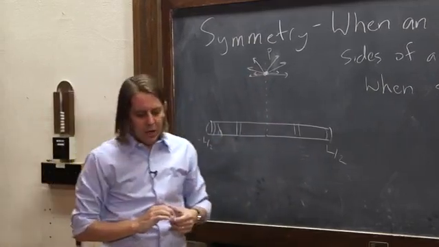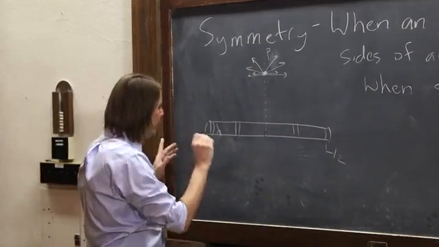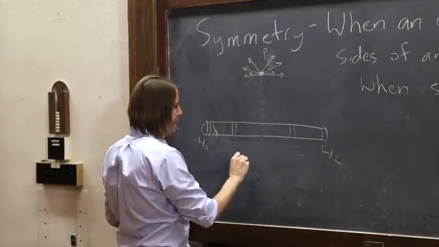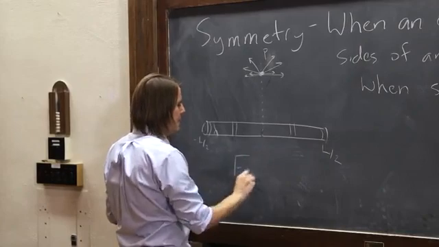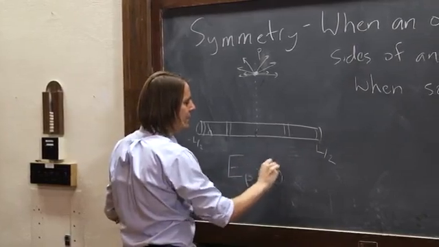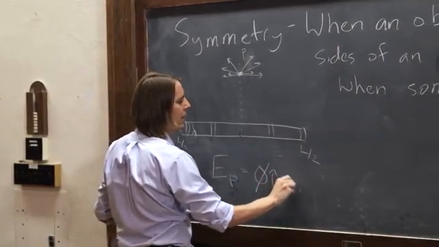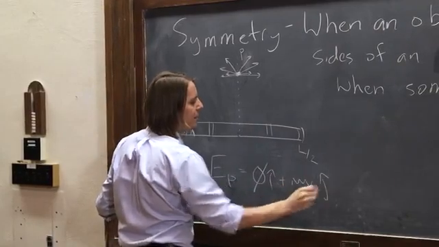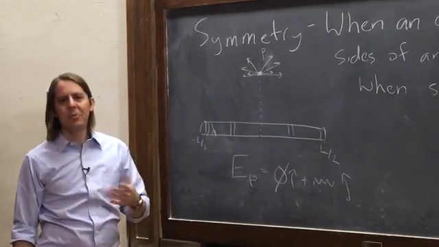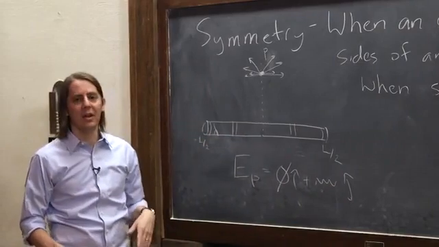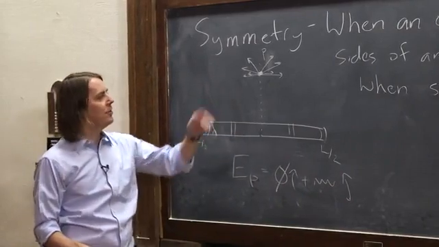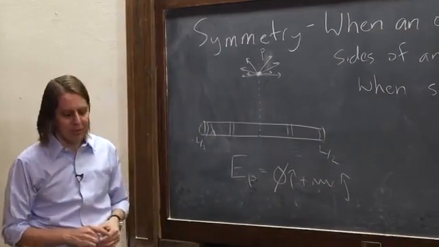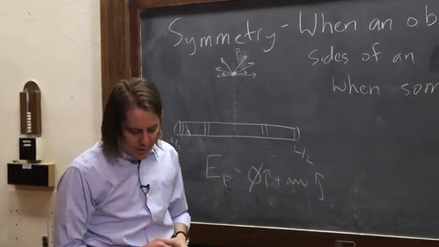So basically, by symmetry, we could have known ahead of time that Ep is going to have a 0 on the i hat. And then we would still have to solve the j hat. So the problem could have been 50% easier. We could have just completely ignored the x hat without even starting, just by looking at it and saying, oh, well, it's symmetric. Don't worry about the x component. Okay?